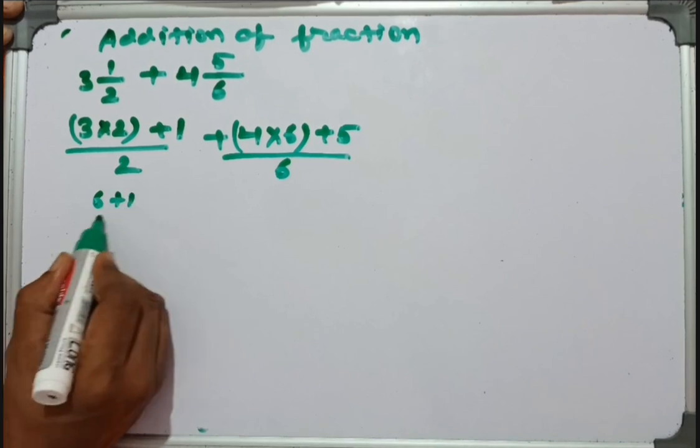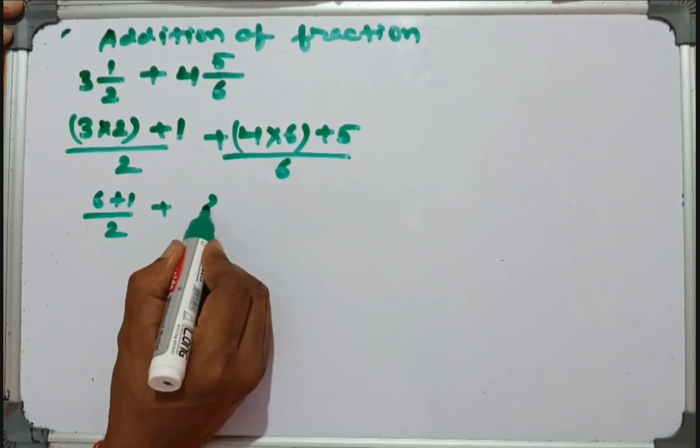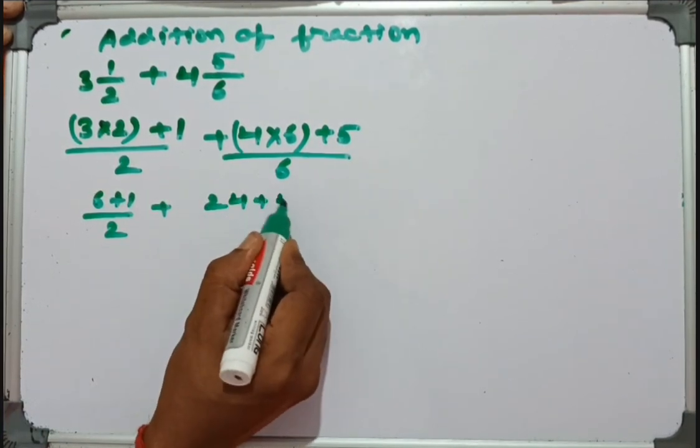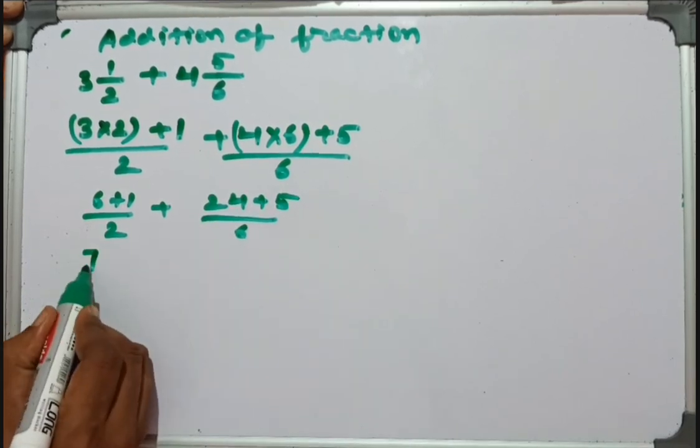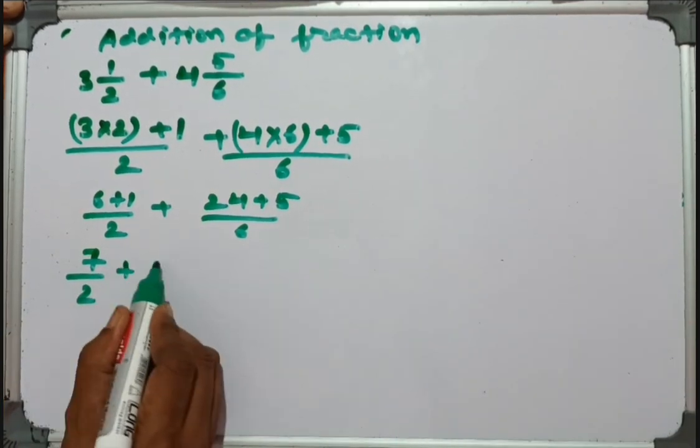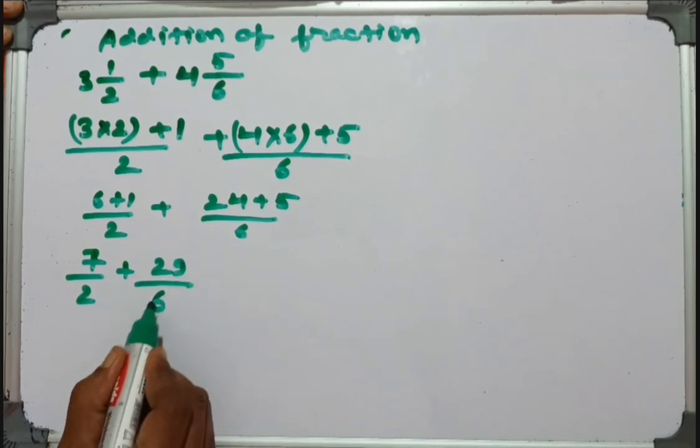So this is 6 plus 1 by 2, this is 24 plus 5 by 6, then this is 7 by 2, this is 29 by 6.